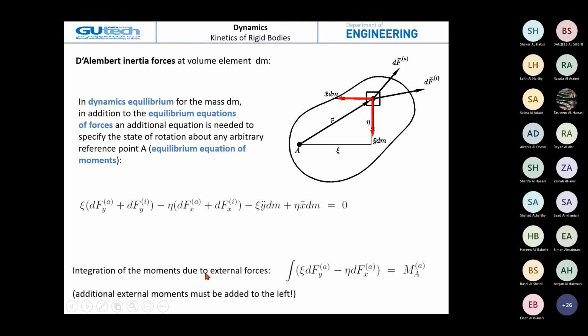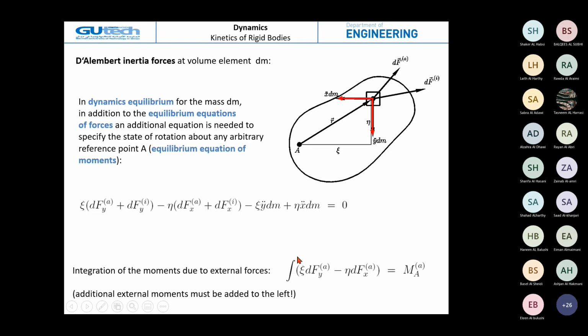External forces. Okay. If we make here ξ F_y minus η F_x, this is the external forces, noted or indicated by the letter A. The internal one is indicated by the letter I here.